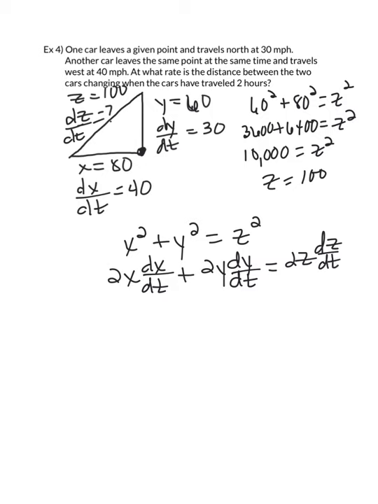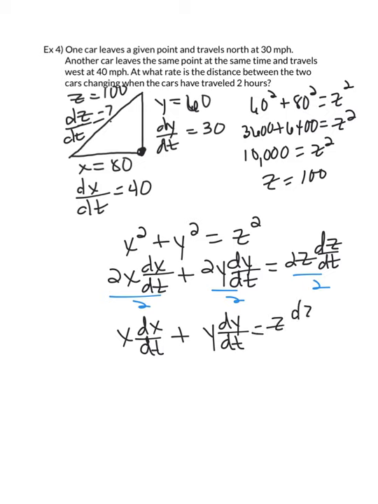Notice that there is a 2 everywhere. So I'm going to divide every term by 2 just to make it a little bit simpler. And now we just have x dx/dt plus y dy/dt equals z dz/dt. dz/dt is what we're trying to find.